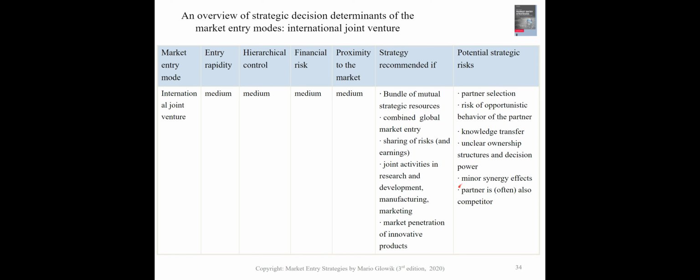And we should not forget the fact that in many cases there's a joint venture established between two firms concerning some value-added activities, and then at other stages of the value chain, these firms remain as competitors.